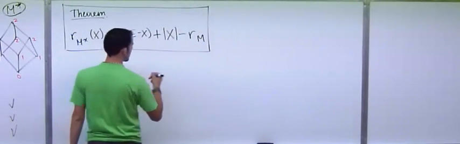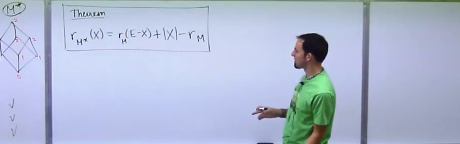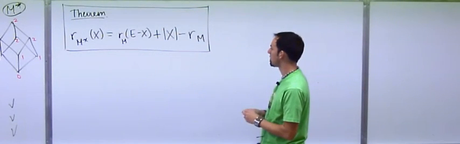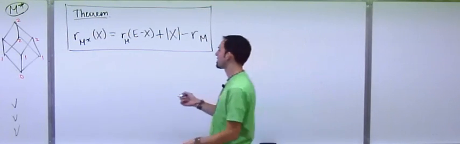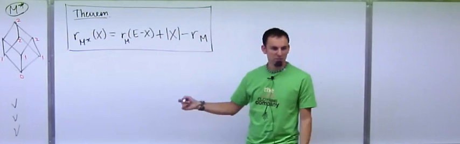Proof exercise. I don't want to prove everything I say because then we'll never get to cover anything. But one way of doing it is you just see what's an independent set in this matroid.